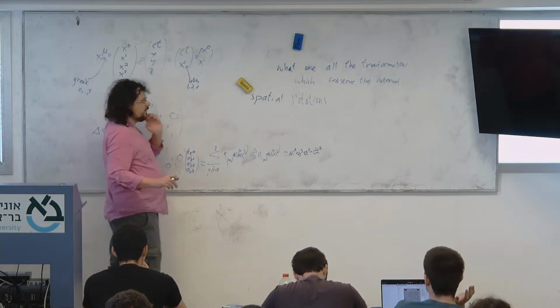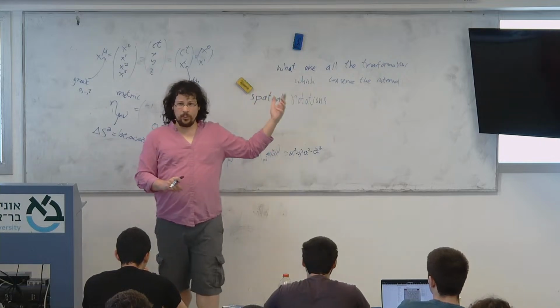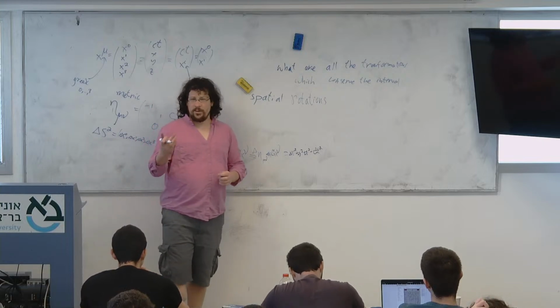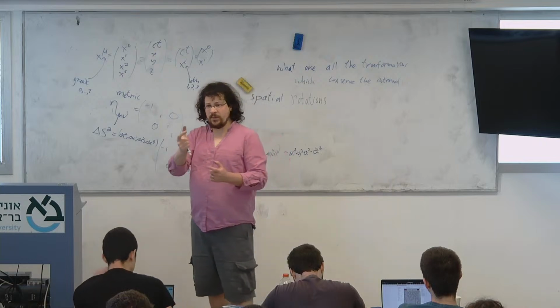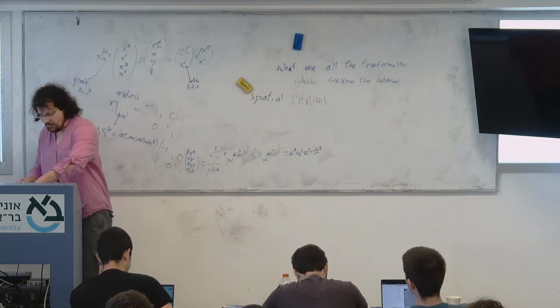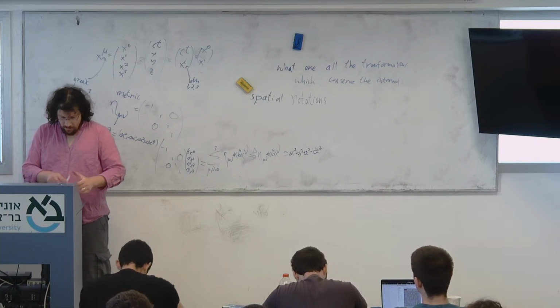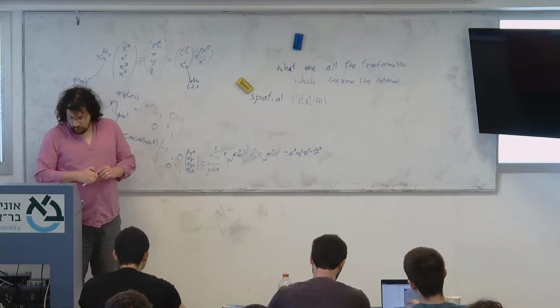How many of these do I have? This will be a group of rotations, right? Which has three generators. Because I can rotate around the X axis, I can rotate around the Y axis, I can rotate around the Z axis, and I can compose any rotation with those.